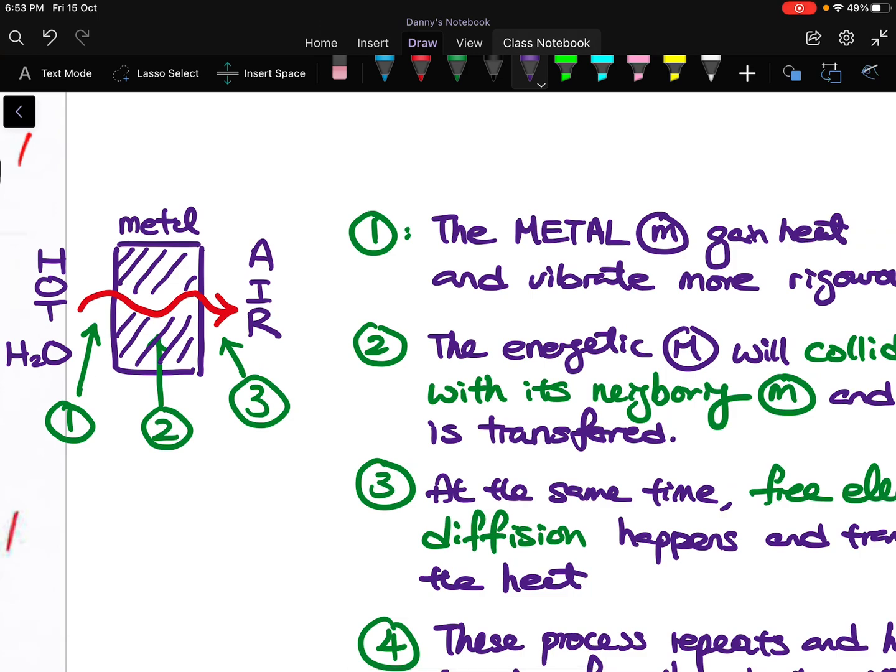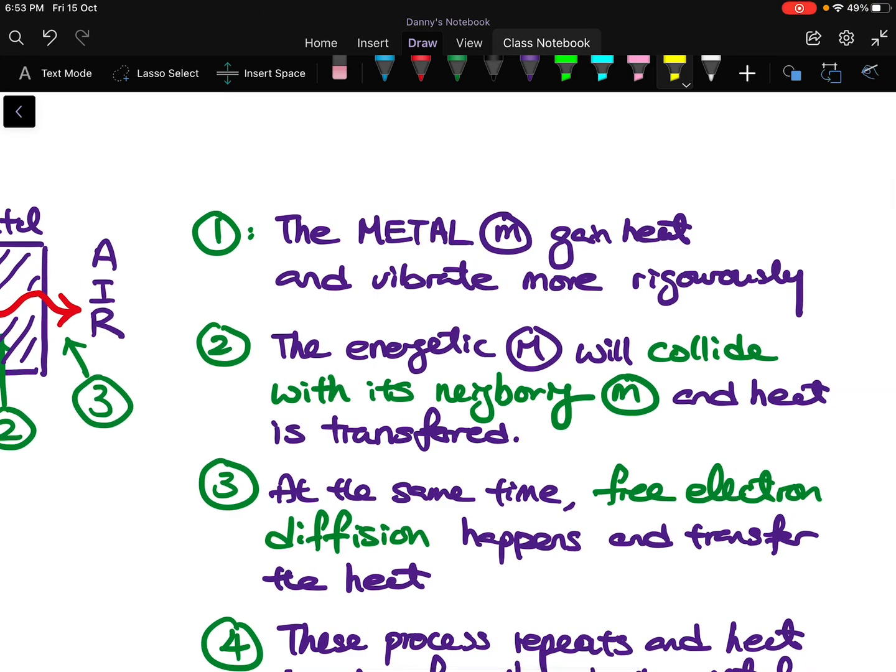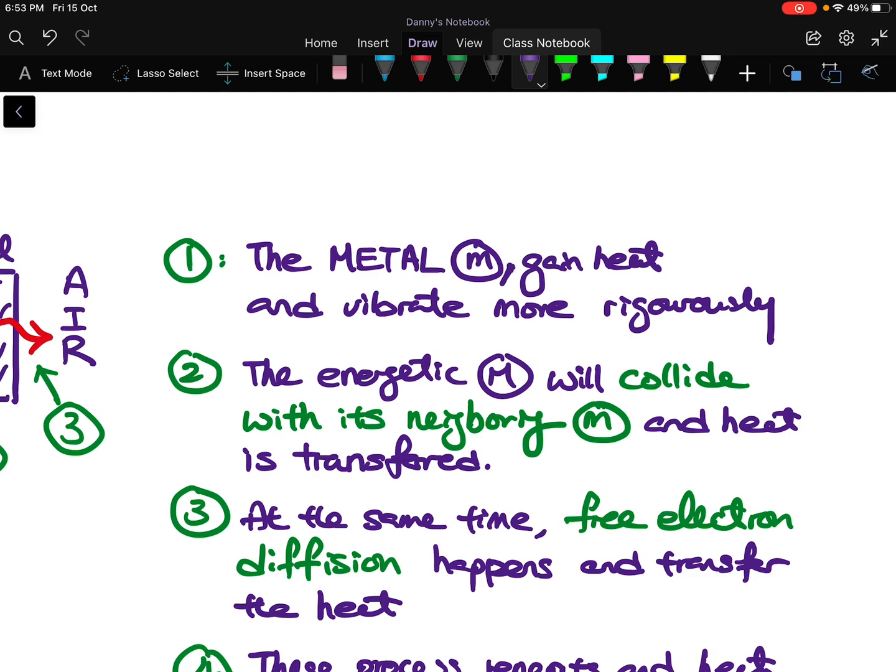In your part 1, what you need to do is identify where the transfer begins. So in this case, the metal molecule will gain heat, right? And you need to actually say that it is the one nearest to the hot water.